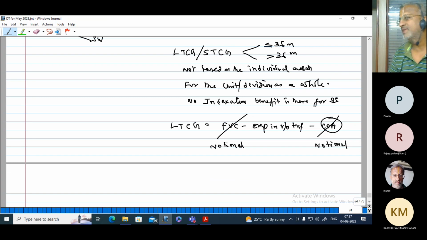When no indexation benefit is there, whatever price at which it was bought, you cannot take up because you bought it a long time back, but the assets are available at a different condition at the time of transfer. Therefore, you cannot be bringing the original cost here.